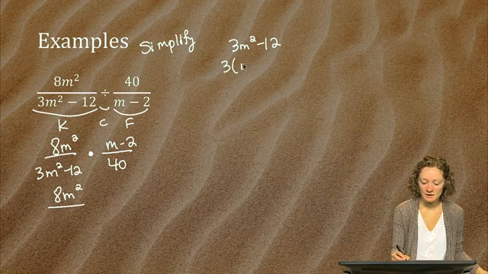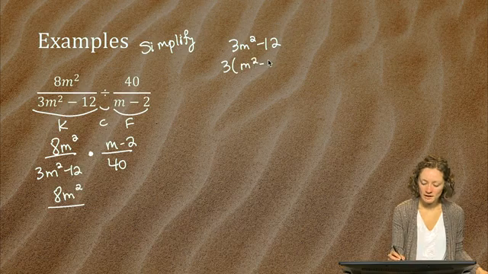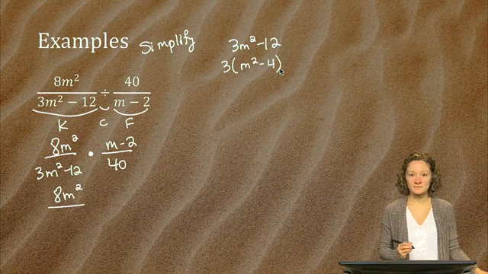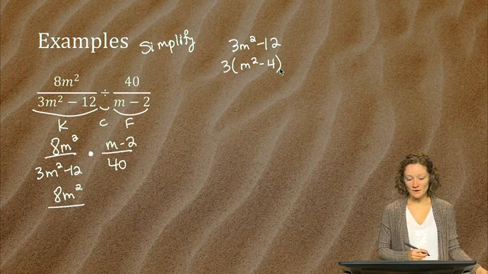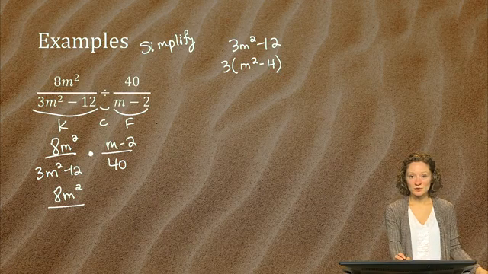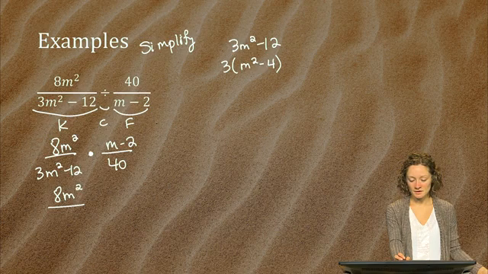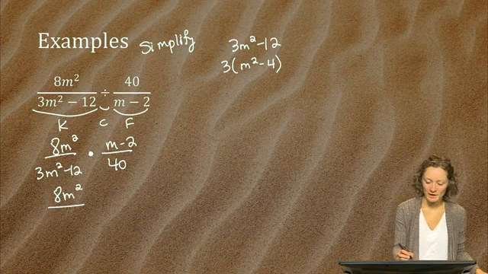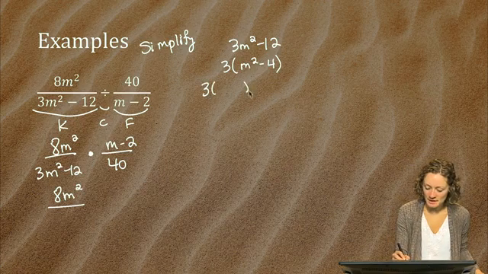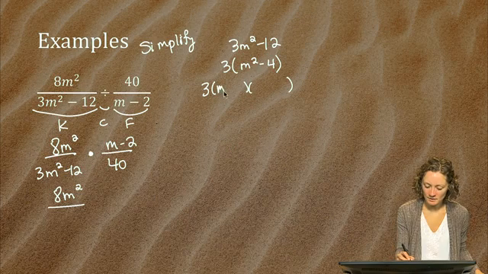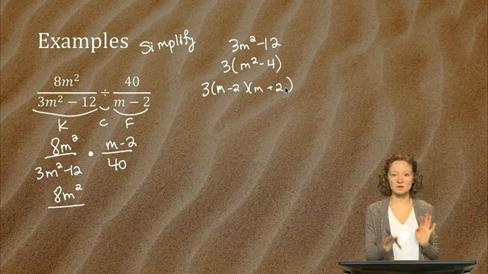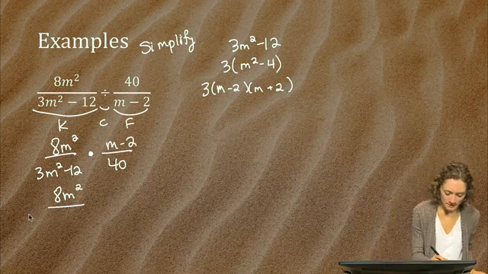Take out the 3, then we're left with m squared minus 4. Continue checking. We have two terms. Can we use sum or difference of cubes? No. Can we use difference of squares? Yes. We have m squared with subtraction and 4, which is something squared, 2 squared. So this factors to 3 times the quantity m minus 2 times the quantity m plus 2. Those orders can be reversed.